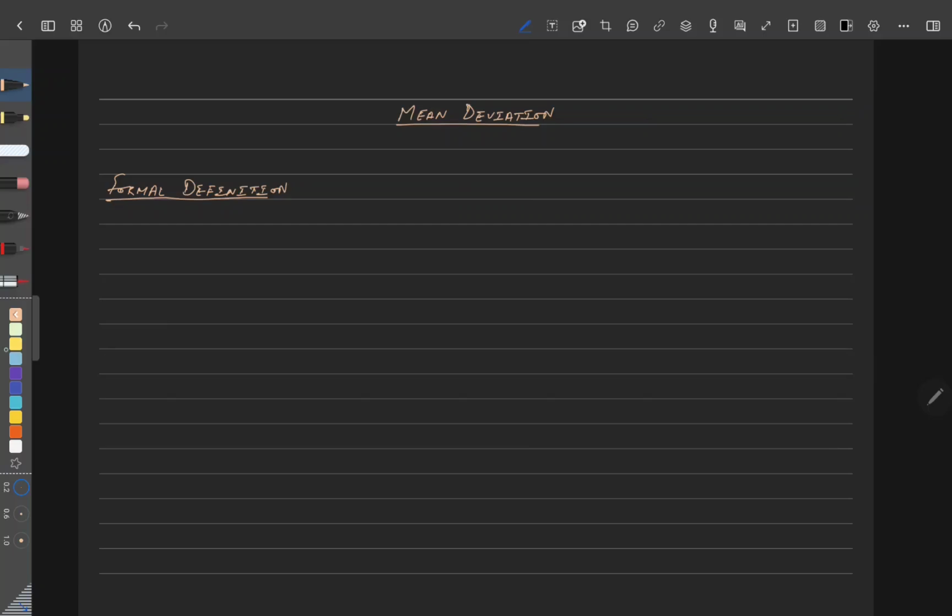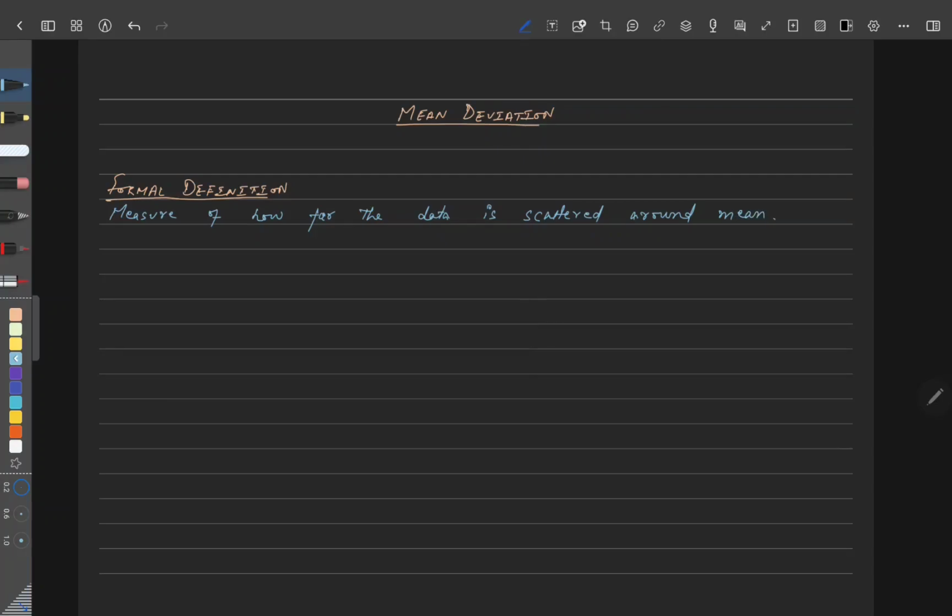Okay, so let me write this down. Measure of how far the data is scattered around mean.